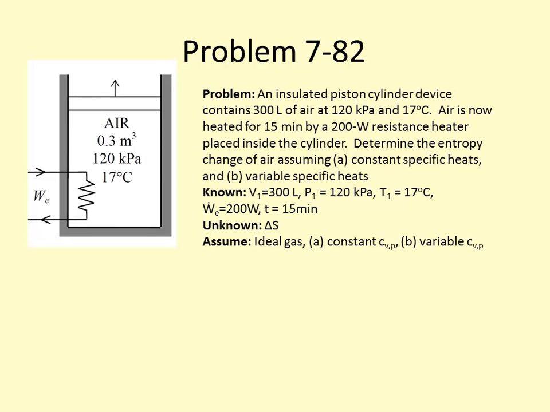When we say that it varies, that's another way of saying we're going to use the exact approach to determine the actual entropy change. Okay, so how should we start this problem? What kinds of information do we have? What information might we need? How do we do this?